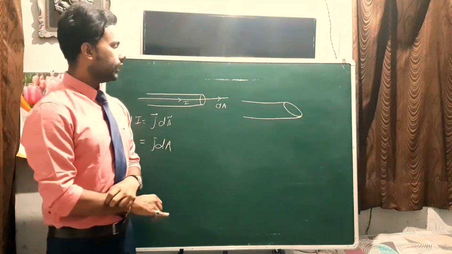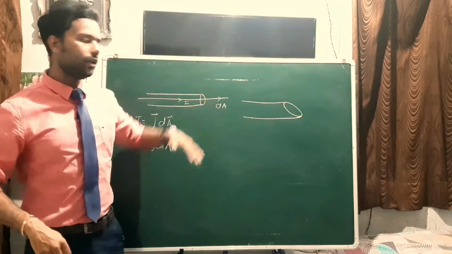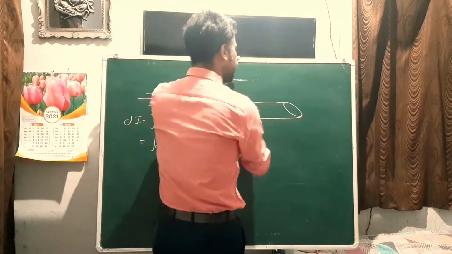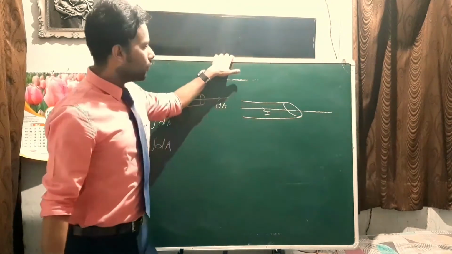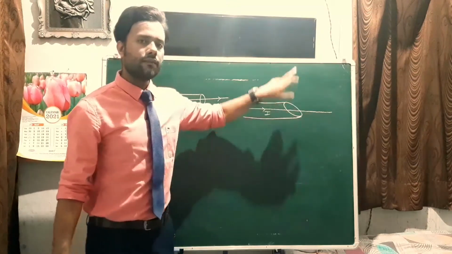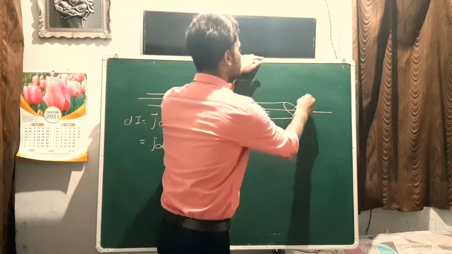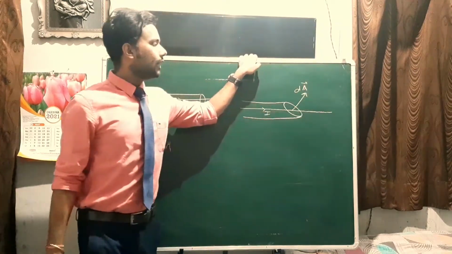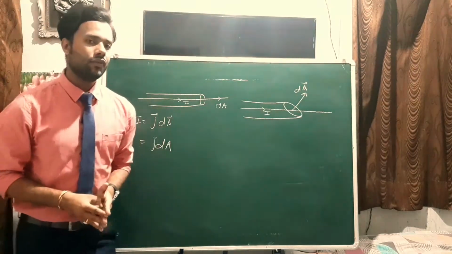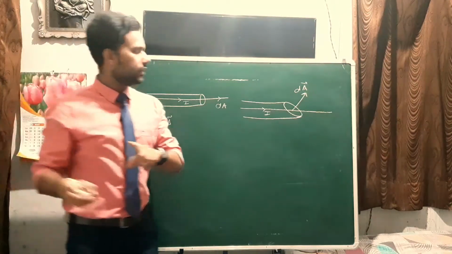Now suppose the cross section of the wire is like this. Right? It is not exactly perpendicular. So if the current is going in this direction, this is the direction of current I. What will be the direction of this area vector? Outward normal, that is this. This will be dA, but as you know, we will consider only the area vector which is along the current.